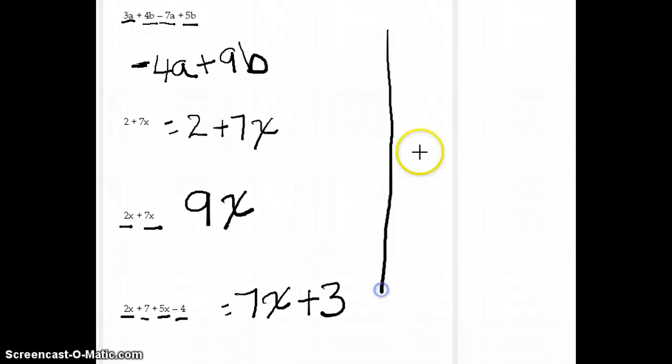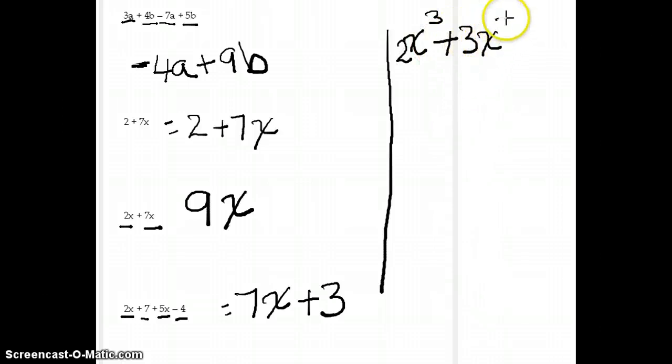Okay, let's take a look at some more complicated ones. 2x cubed plus 3x squared minus 2 plus 3x squared. Well, let's go from left to right. 2x cubed, 3x squared, minus 2. Which has the largest exponent? Well, this one right here, right? A 3. So, underline the 2x cubed. Do I see any other terms which are cubed?